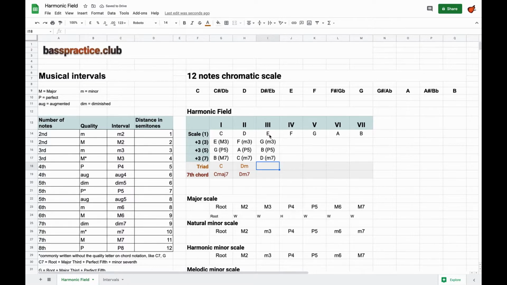Let's take a look at the E. E is the same thing as D here, so it will be E minor and E minor 7.